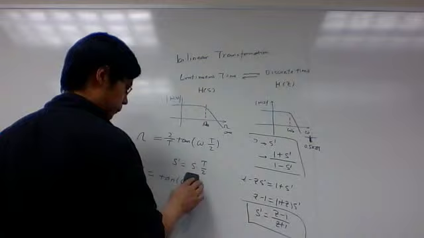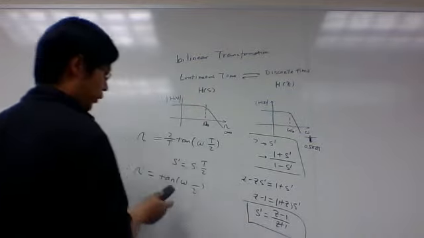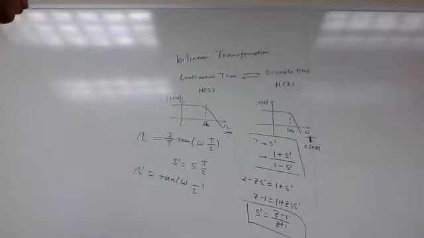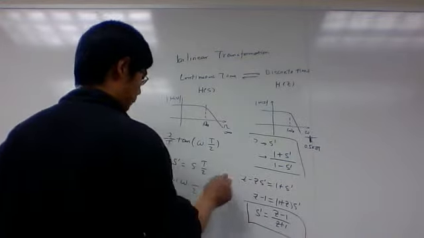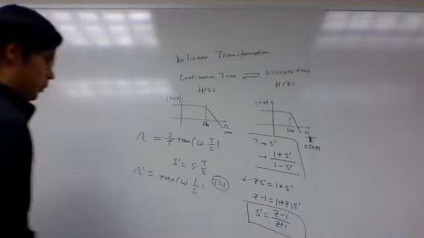So again, if we use this transformation, here we're assuming T of 1. So this will be half of the original omega.